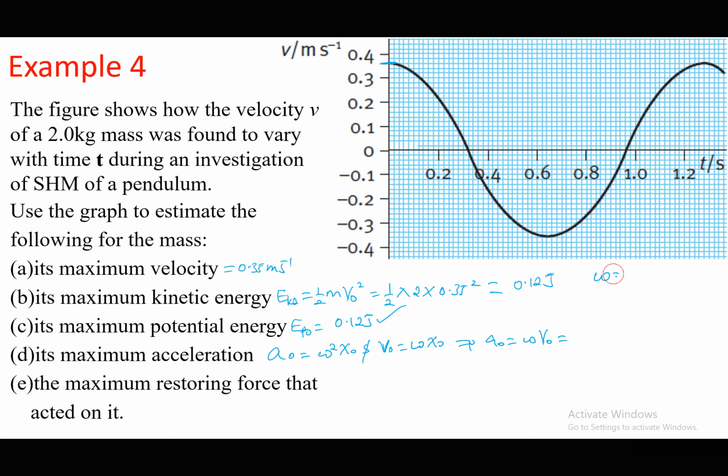So omega is going to be equal to 2 pi over T, where T is the period. What is the period here?